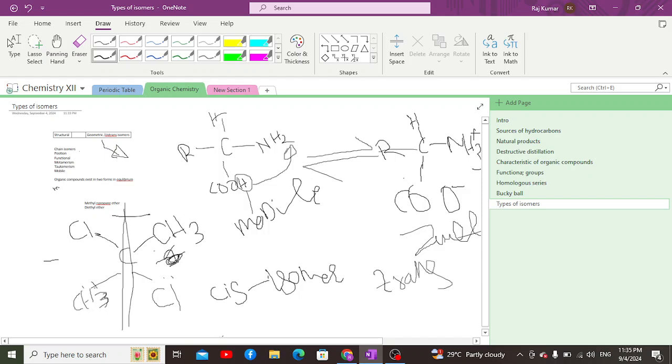This is an example of a trans isomer. So this is known as trans 2-chloropropane, and that one is known as cis 2-chloropropane.